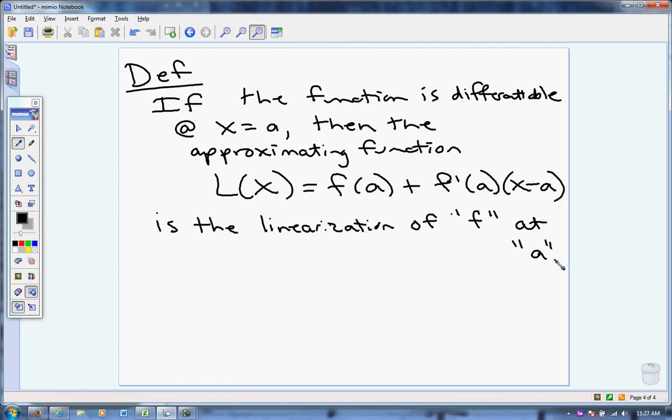And I'll pause the video and give you a second to write that down. And by the way, this is a prime mark here. We're not talking about f double prime.